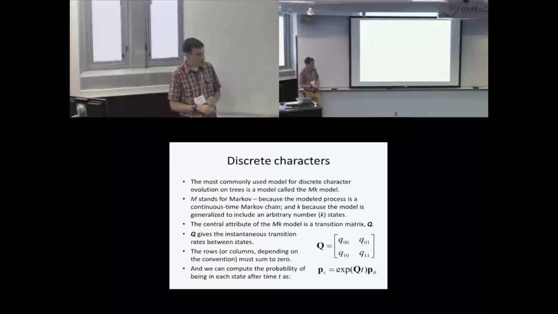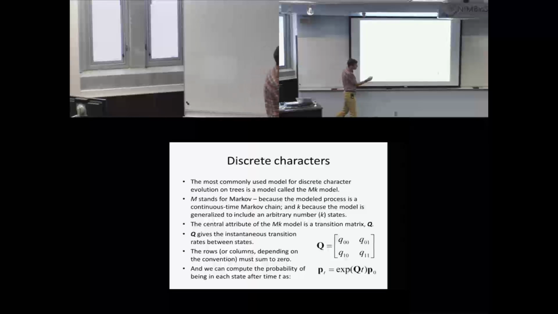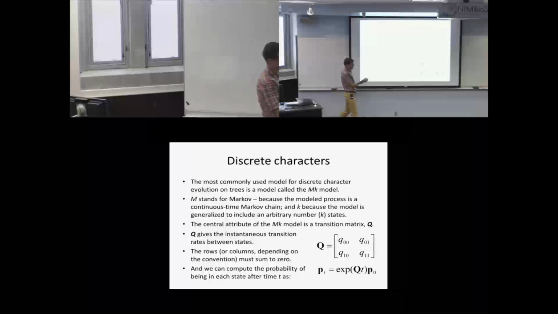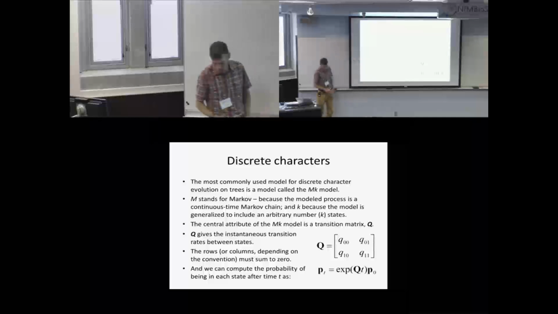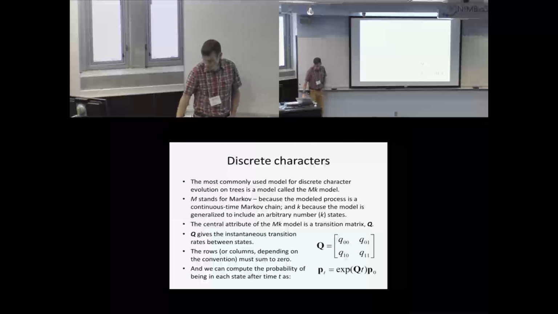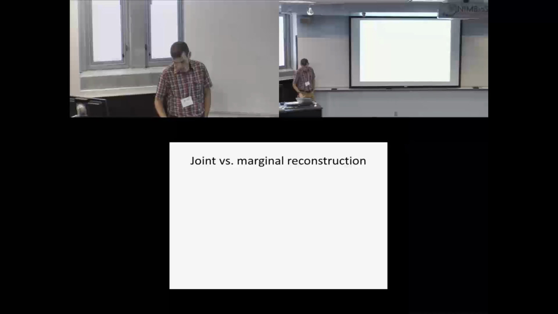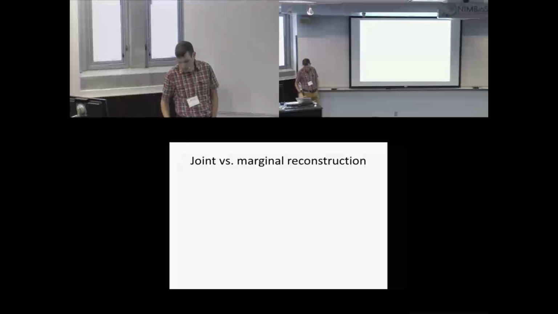And if we can compute all these probabilities, then we can find the states at internal nodes that maximize the likelihood, maximize the probability of our data, the data that we've observed at the tips.